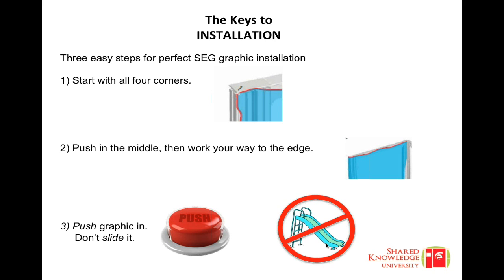Yeah, the 3 steps that you see there are universal, whether you're dealing with a flat wall, a curved wall, or a structure where you're actually wrapping the graphic around a conference room, for instance. The starting with your corner. I was just going to add on, if you're doing something 3-dimensional, like where you're going around a corner, instead of just doing 4 corners per side, you'll actually start with all of your corners.